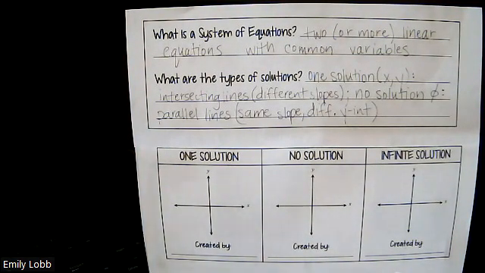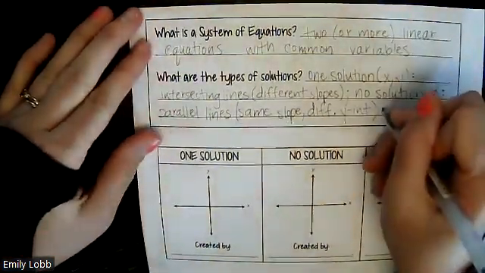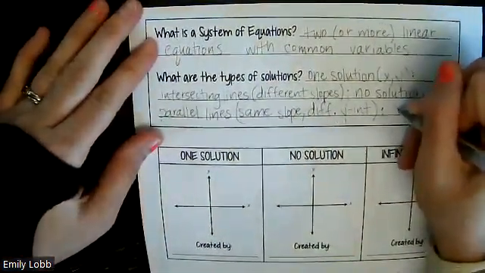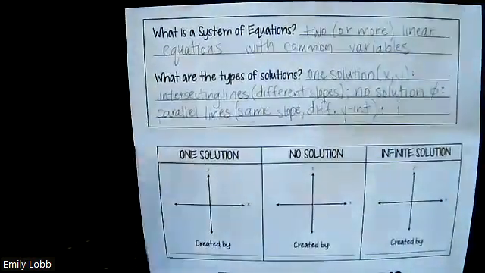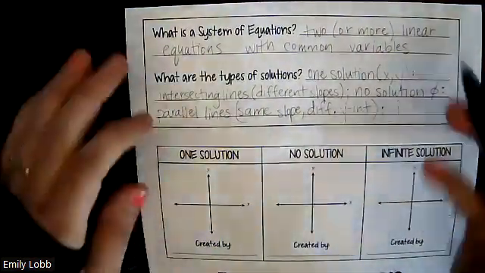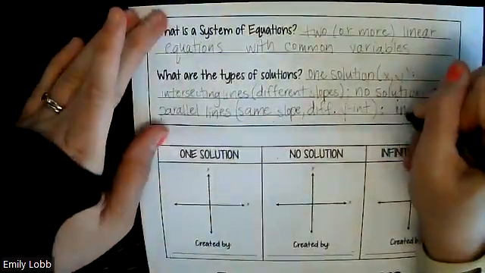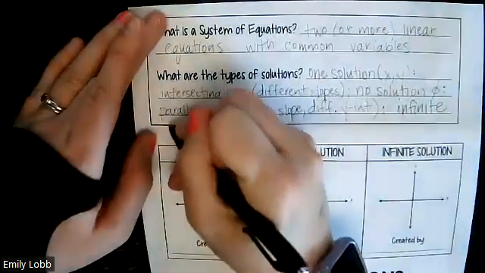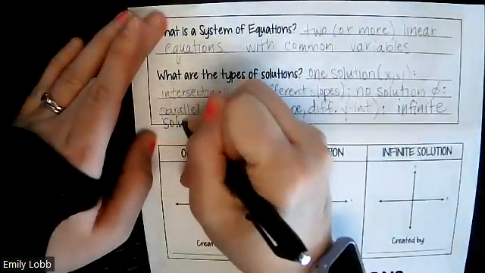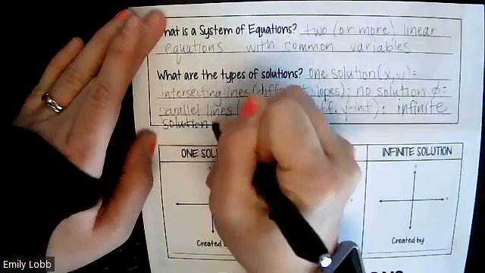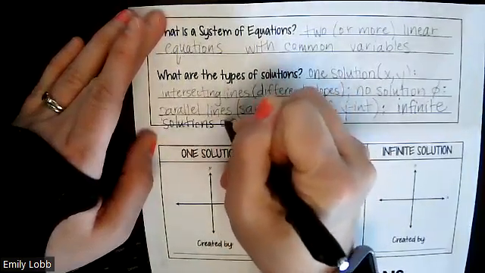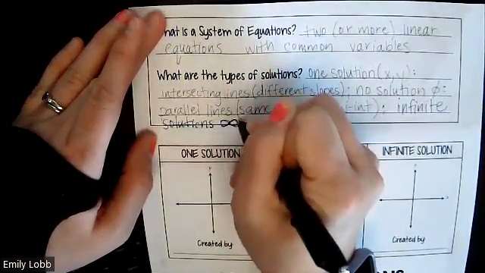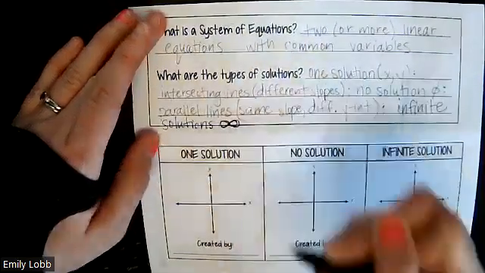And then our last one, this pen is awful. I should have changed it a while ago. It's hard to see. It's a little bit better. Our last type are infinite solutions. Remember, that is like our sideways 8, figure 8.